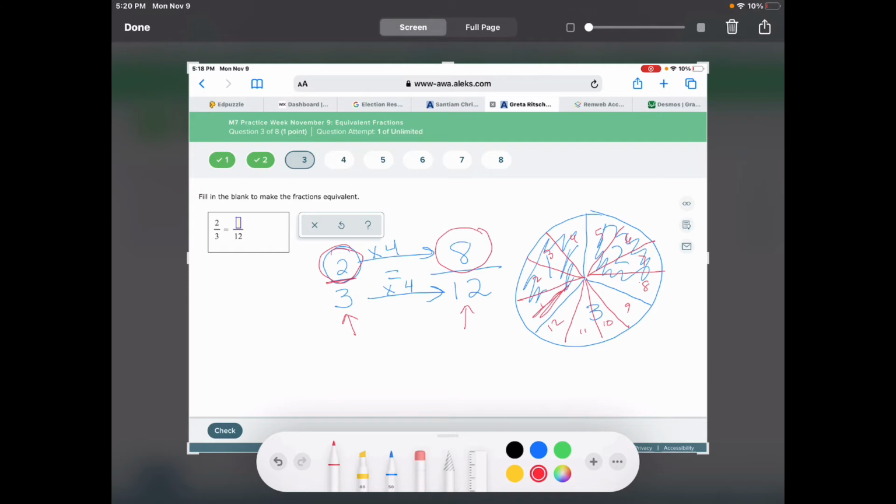We could show that by coloring it in. Here is the piece that I didn't eat, and it's 4 pieces worth now that I've cut it up.